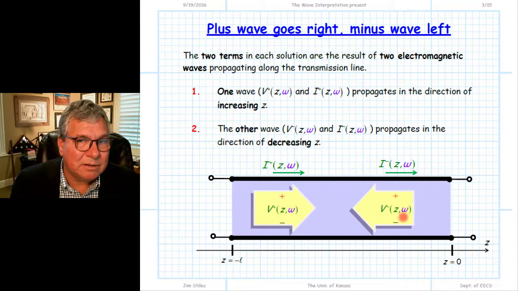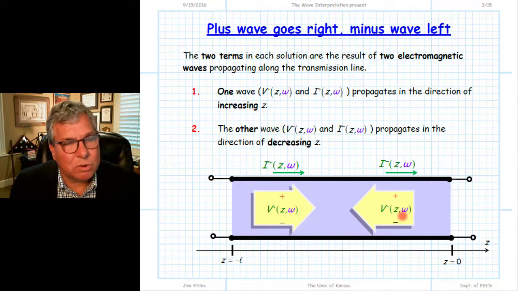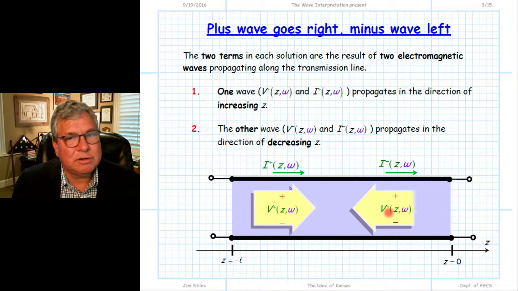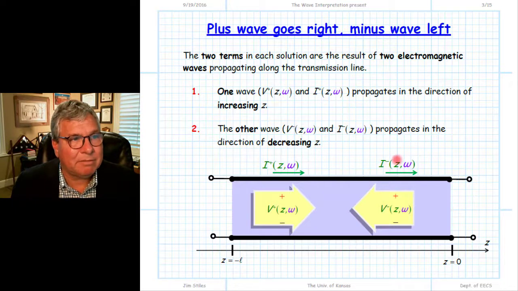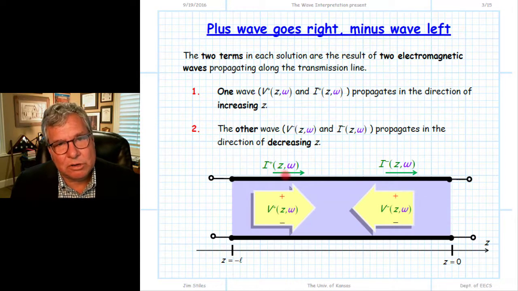What is real in terms of what we can measure, of course, is not the plus wave voltage or the minus wave voltage. It's the sum of those two together. That is the solution to the telegrapher equations. That is what physically is occurring on the transmission line. That is what we can measure. The same thing for current. What we can measure is the sum of I plus and I minus. But we do have a mathematical description of each term, and we're going to look at that to understand what's happening on this transmission line.